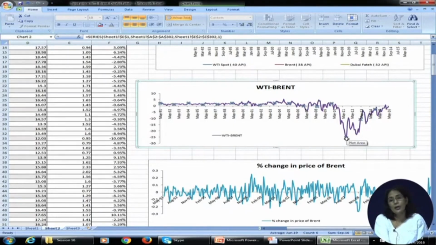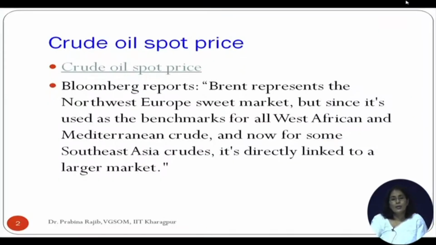That is, WTI was quoting at $25 per barrel less than Brent, and subsequently this price difference has narrowed down, and both crude prices are trading almost at par. Now my question to you all is, if WTI is a better quality crude, why is Brent crude quoting at a premium over WTI crude?